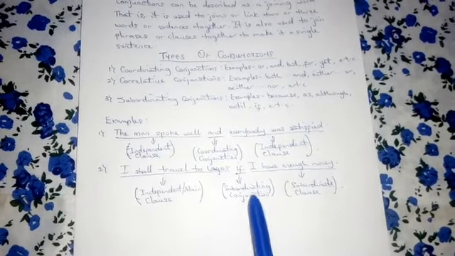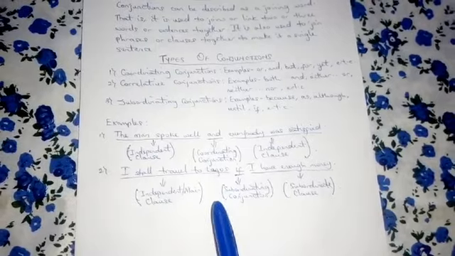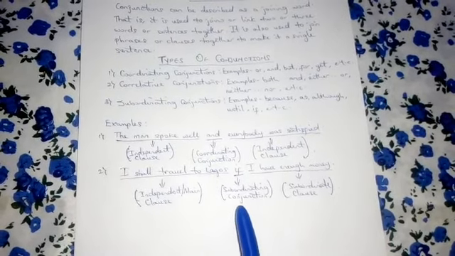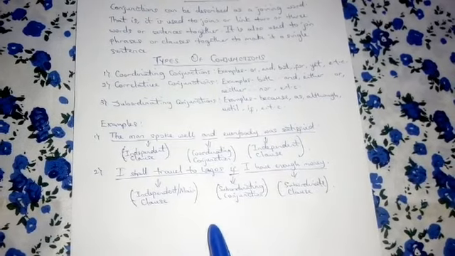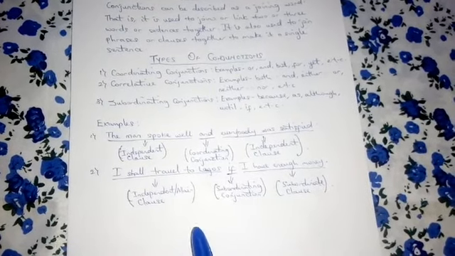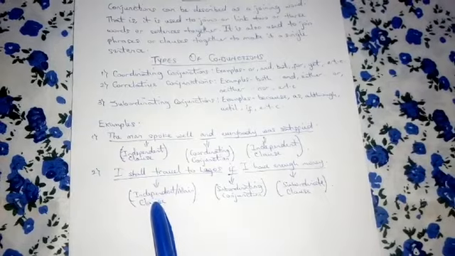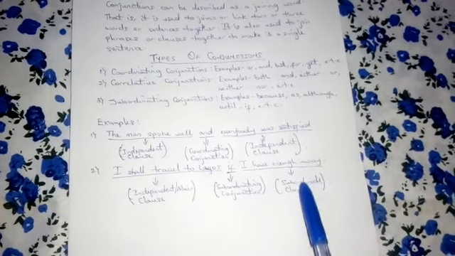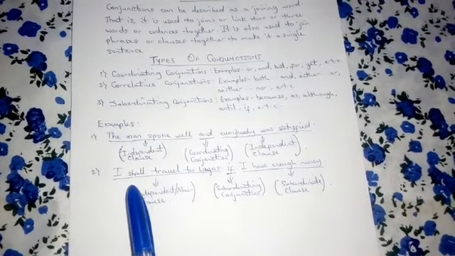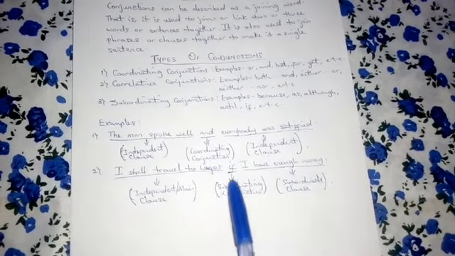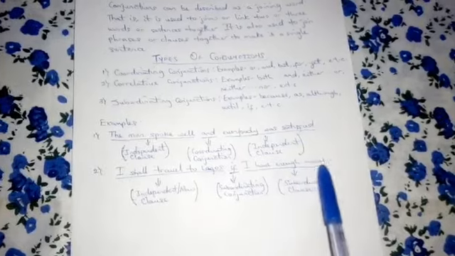Like I said earlier, subordinating conjunctions are used to join a main clause to a subordinate clause. So this is the main clause here, while this is the subordinate clause. So we have I shall travel to Lagos if I have enough money.